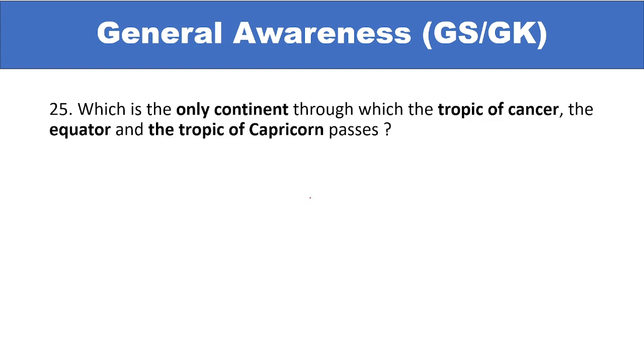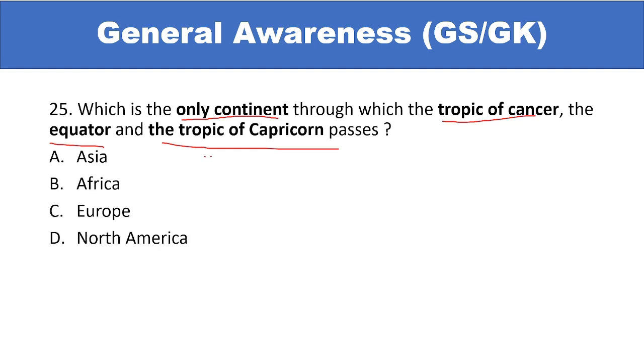Next, which is the only continent through which the Tropic of Cancer, Equator, and Tropic of Capricorn pass? The options are Asia, Africa, Europe, and North America. The answer is Africa.